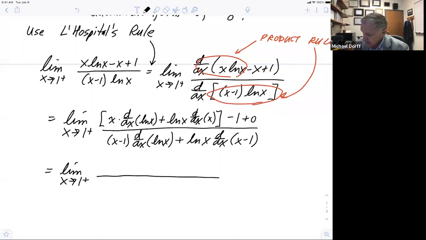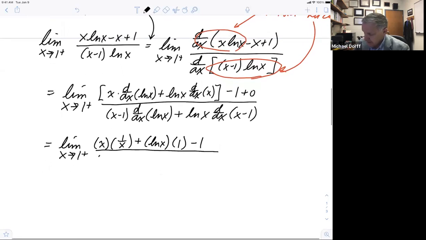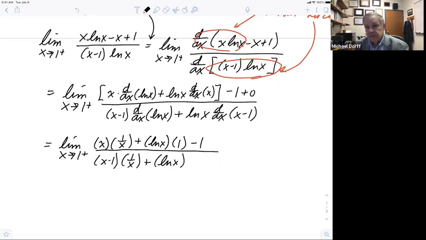On the top, we have x. The derivative of log x is 1 over x, plus log x, derivative of x is 1. And then we have minus 1. And in the denominator, we have x minus 1 times the derivative of log x, which is 1 over x, plus log x times the derivative of x minus 1, which is just 1.